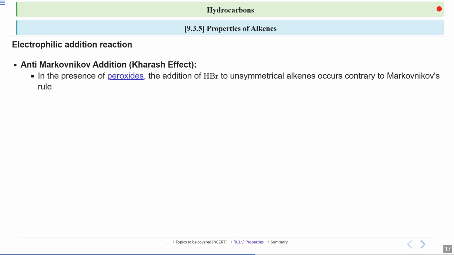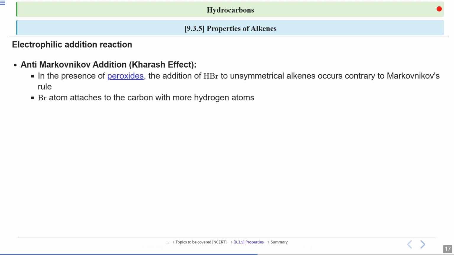Now moving on further, we will study the anti-Markovnikov addition, which is also studied under the Kharasch effect. According to this, in the presence of peroxide, the addition of HBr to unsymmetrical alkenes occurs opposite to that of Markovnikov's rule. Here, the peroxide acts as an initiator, starting a chain reaction that changes which atom attaches where.